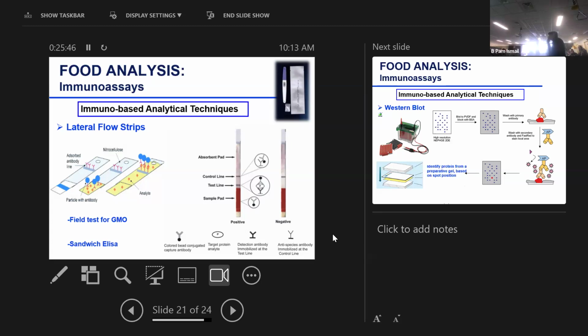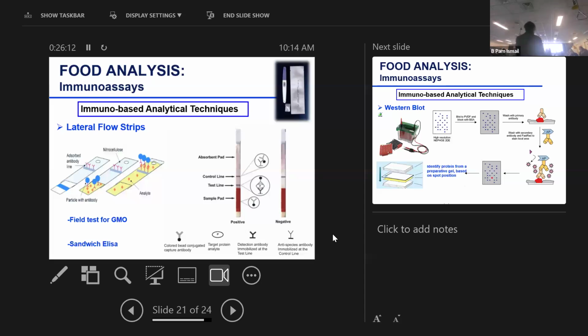And if the antigen is present, they will bind to this other antibody that is fixed here, and then you will have a positive test. If you don't have the antigen, the antibody will continue to the control line, and there will be an antibody to the labeled antibody, and then you will see a color.